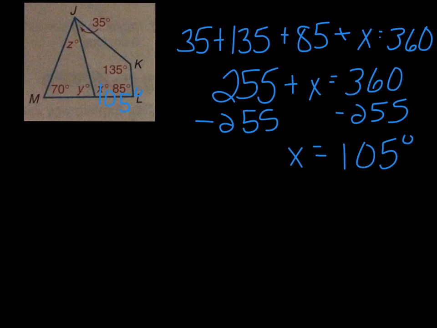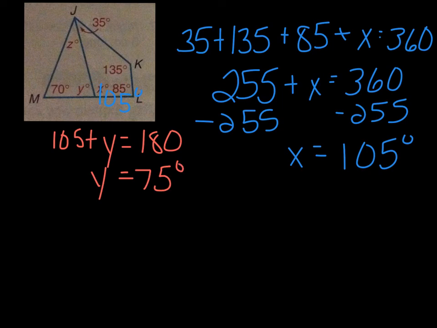Now that I know x, I know that x and y are supplementary angles. These two here are going to equal 180 degrees. So I can figure out y: x plus y equals 180, then I subtract, and y equals the difference. So now I know y.